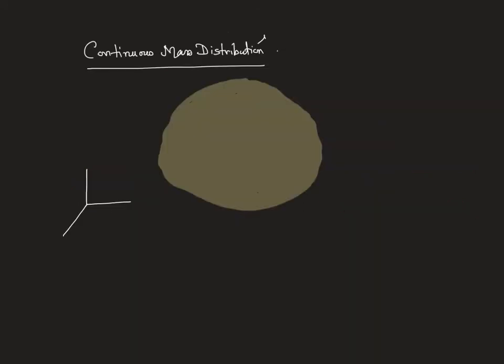So in general, how do we deal with a continuous mass distributed system? You can choose an elementary, infinitesimally small mass dm. With respect to the coordinate system chosen, the position vector happens to be r, and the coordinates are x, y, and z.